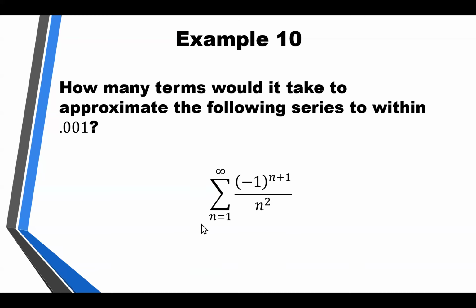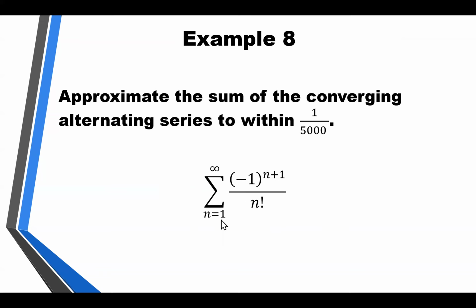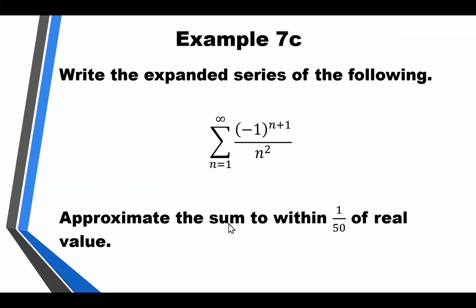All right, so it would take 31 terms for this thing to have an approximation within 0.001. And we saw again in the previous examples that this one would only take 2 terms to approximate within 0.001. In this one, it wouldn't take very many terms either, and that's the one we actually used.